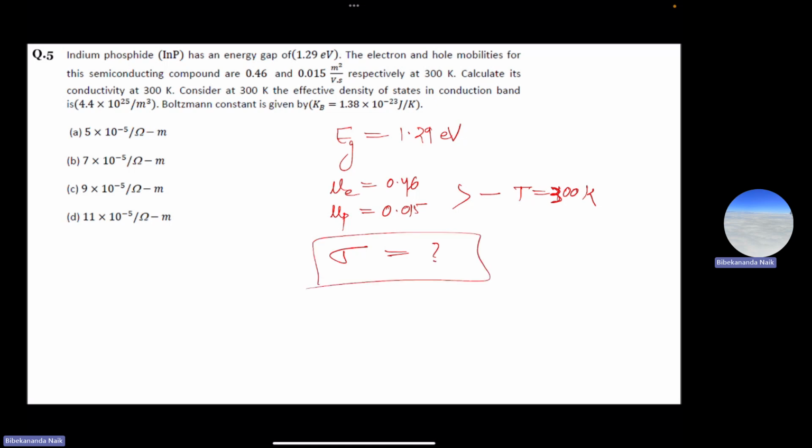The effective density of states in the conduction band, Nc, is equal to 4.4 into 10 to the power 25 per meter cube. I'll give you a few minutes to try this question, and then I will discuss the correct option.